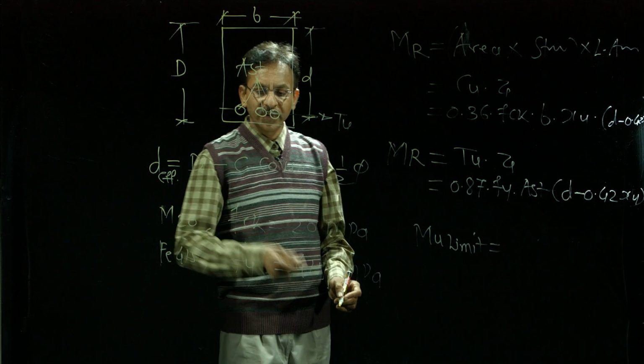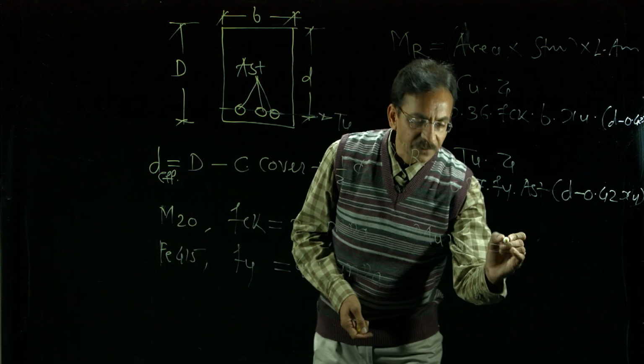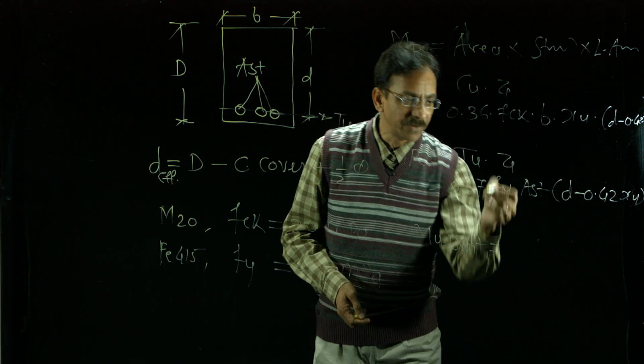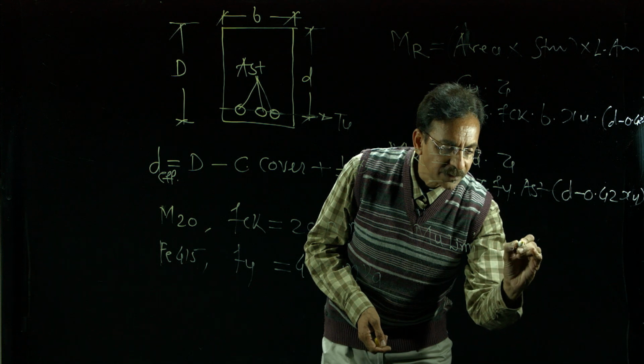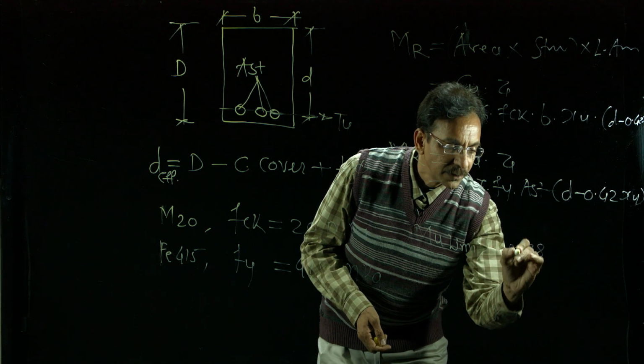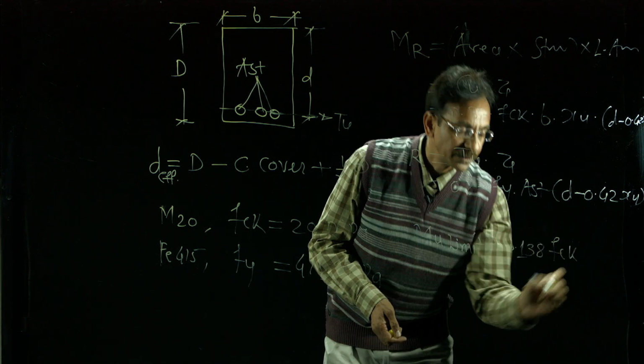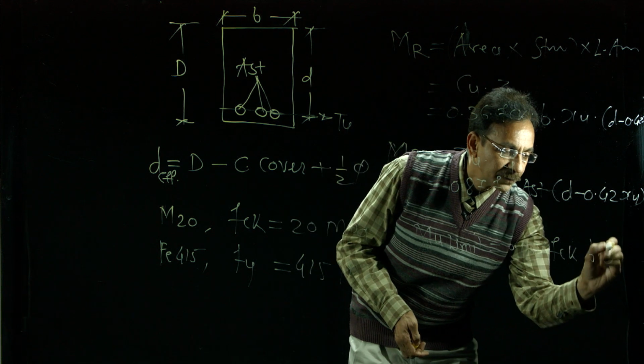If it is Fe415, then if you put all these constants in this equation, we will get 0.138 FCK BD square.